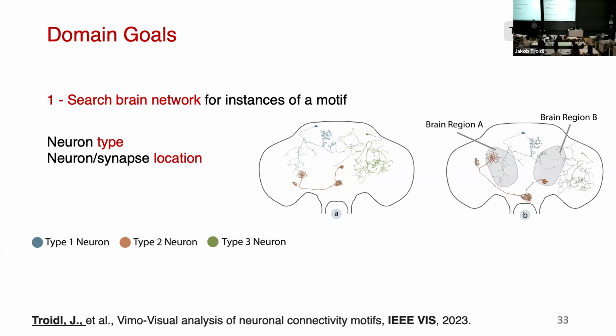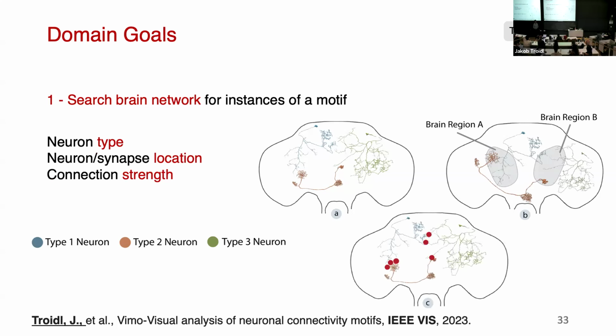So whether a synaptic connection is happening in the optic lobe is very different than if the synaptic connection is happening in the central brain. And that has some sort of physiological meaning. And then finally, it is also extremely critical to be able to set how strongly two neurons are connected, like whether they just have 5 synaptic connections with each other or one has a very different meaning.